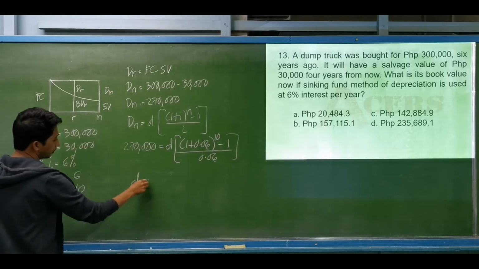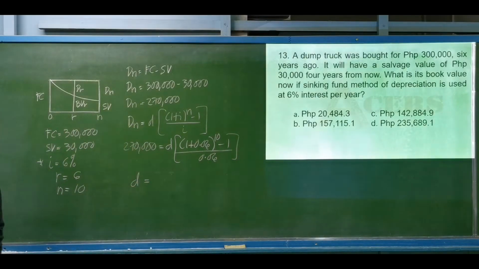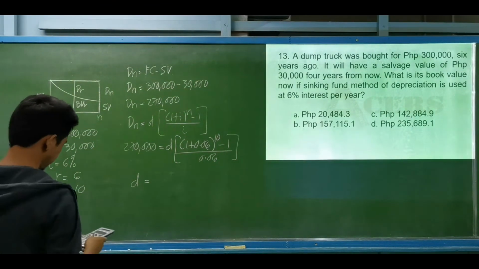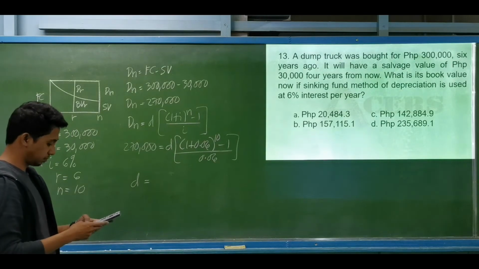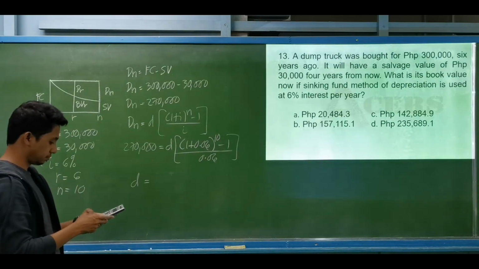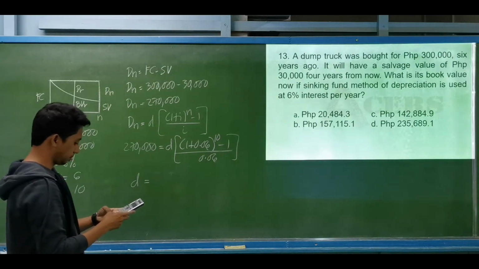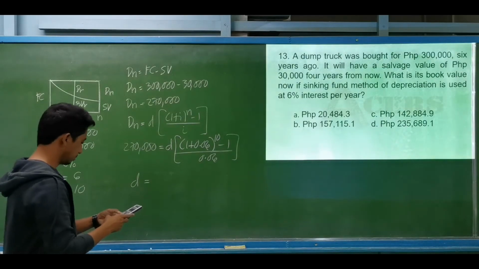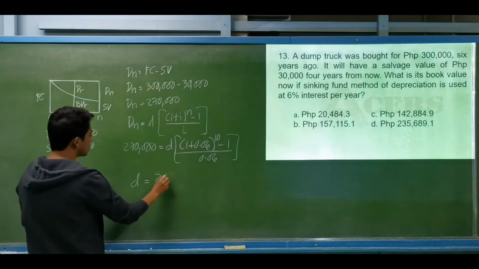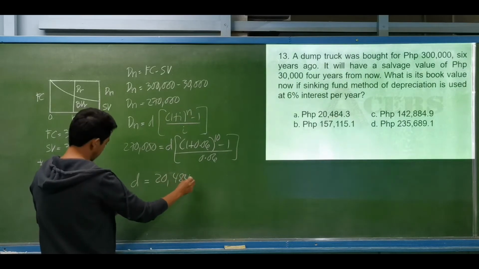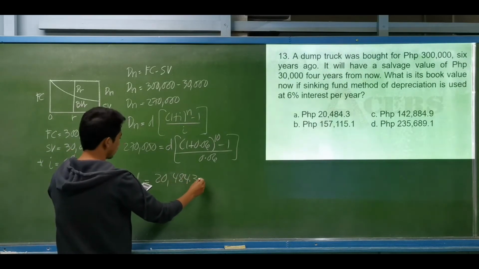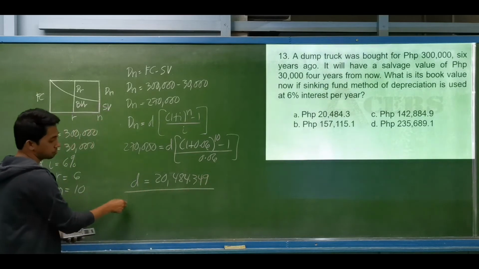What will be the value of the uniform depreciation? It is equal to 20,484.349. I'm using 3 decimal places.